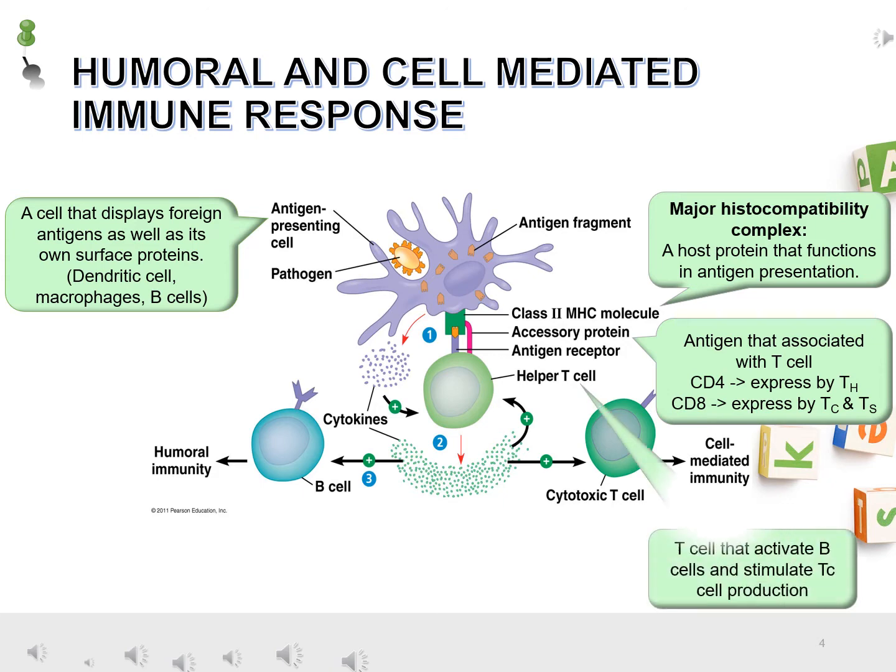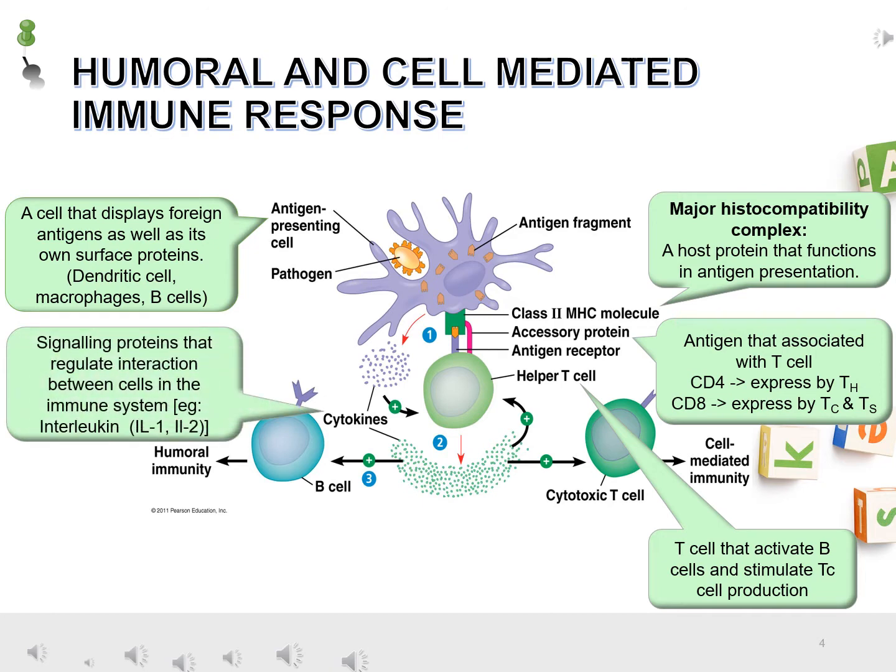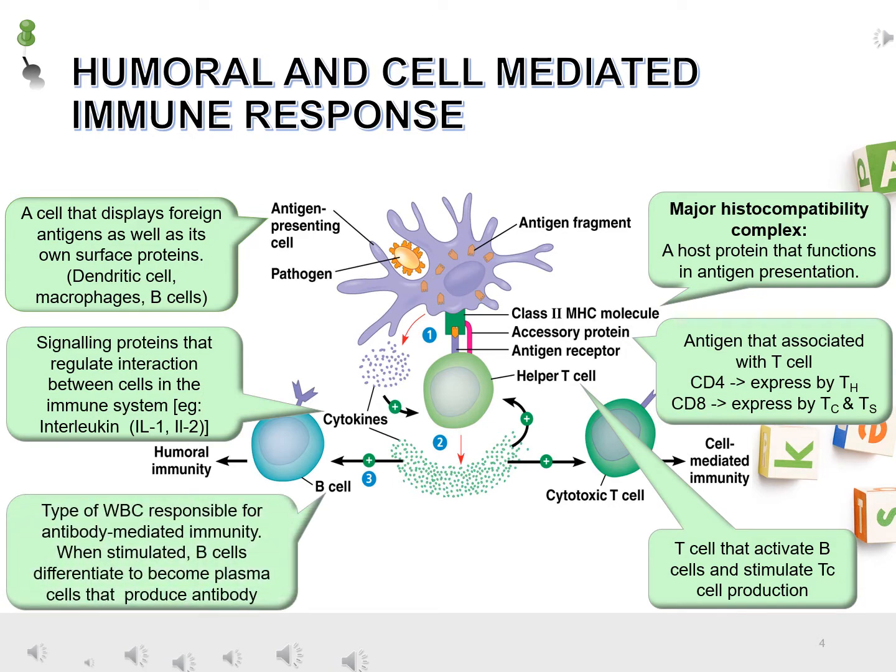Helper T cell is the T cell that activates B cells and stimulates cytotoxic T cell production. Cytokines are signaling proteins that regulate interaction between cells in the immune system. For example, interleukin 1, IL-1, and interleukin 2, IL-2. B cell is the type of white blood cell that is responsible for antibody-mediated immunity.